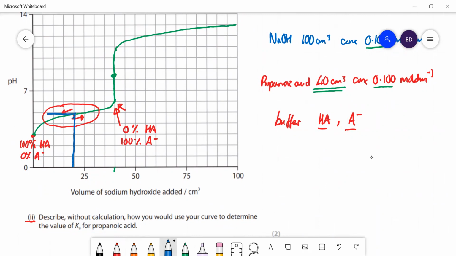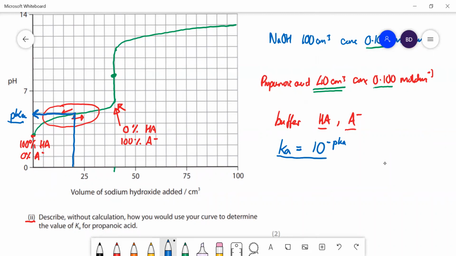And what you would do is you would go across there, and the pH at half equivalence point, that is the pKa of the weak acid. Okay, so how would you find out the Ka? Well, how do you convert pKa to Ka? It's the opposite, so it's 10 to the power of minus pKa. That's how you do it. So you find out the pH at this point, that's your pKa, put it into that equation, you've got it.